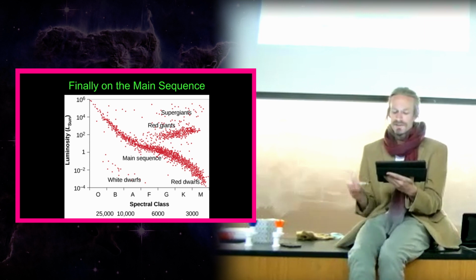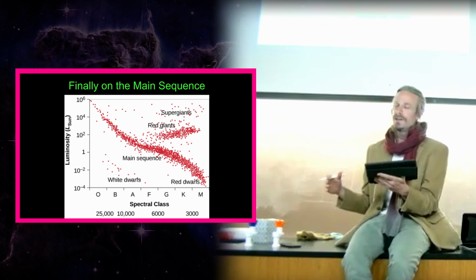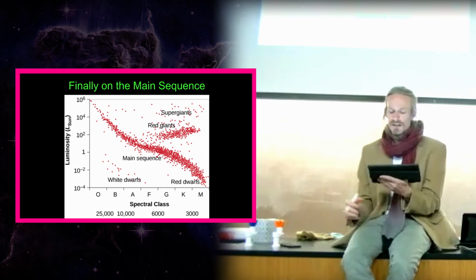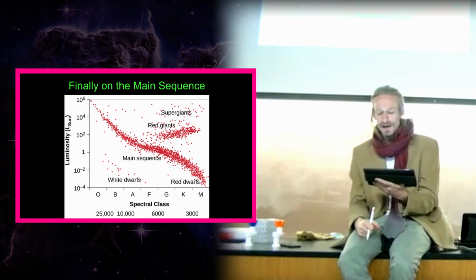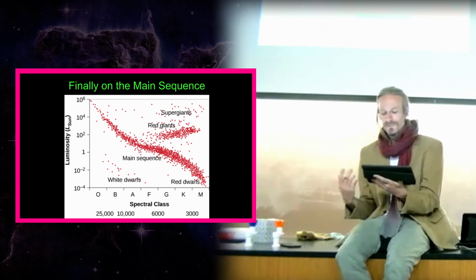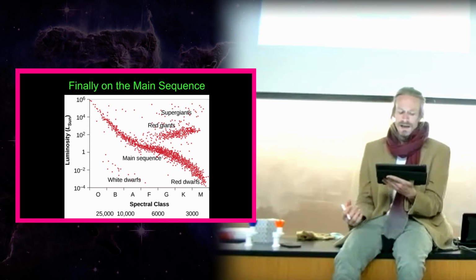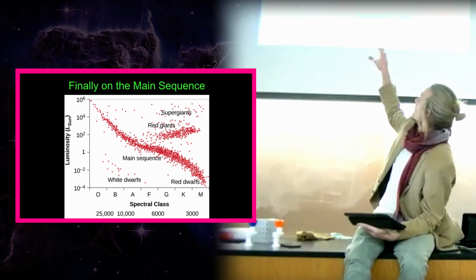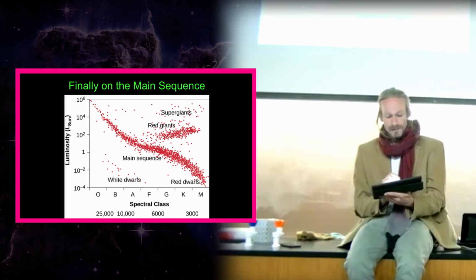But the chemical composition in the central regions where these fusion reactions are going on does change. So the hydrogen eventually gets depleted, the helium builds up. And this, of course, this compositional change changes the luminosity, the temperature, the size, and that's how we get the stars moving eventually off of the main sequence.